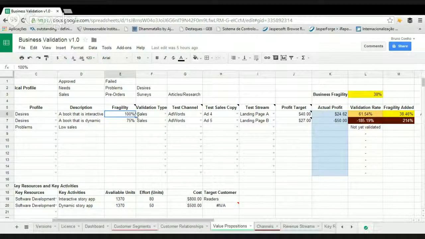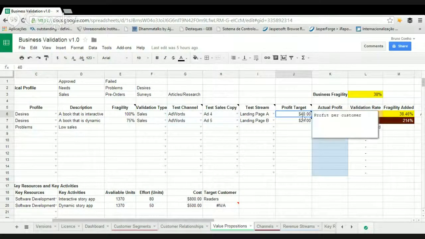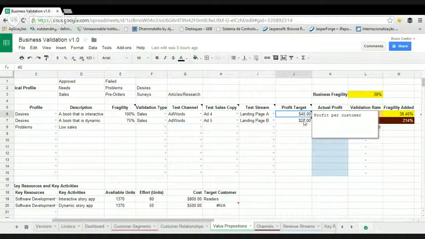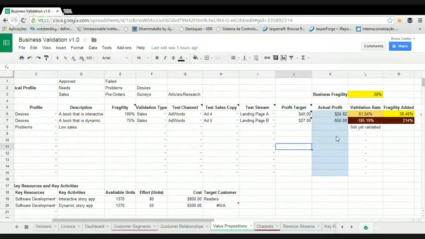So if it's a 100% fragility, it means that it depends on the validation rate that you're getting from the tests that you're running here. For instance, I have a profit target of $40, but my actual profit was $24. So if I reached the $40 as expected, I would have a validation rate of 100%.